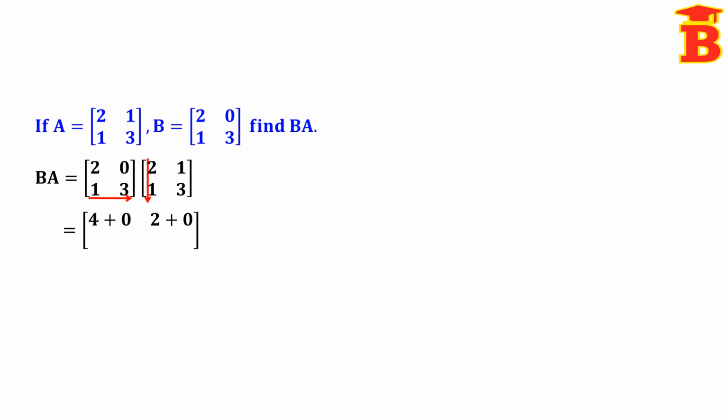Second row first column, 1 into 2 is 2 plus 3 into 1 is 3. Next second row second column, 1 into 1 is 1 plus 3 into 3 is 9. So now this is equal to 4 plus 0 is 4, 2 plus 0 is 2, 2 plus 3 is 5, 1 plus 9 is 10. So the answer is 4 2 5 10.